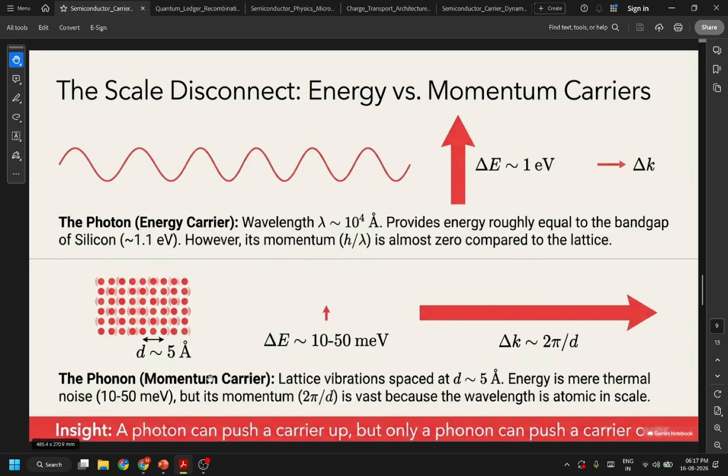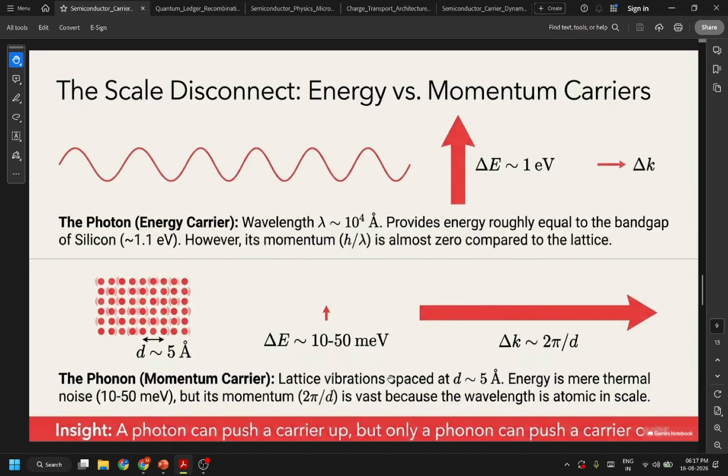Whereas the phonons, which are momentum carriers, are lattice vibrations spaced at d approximately 5 angstroms for silicon. So the energy is merely thermal noise, which is 10 to 15 milli electron volts, but the momentum, which is 2 pi by d, is vast because the wavelength is atomic in scale.